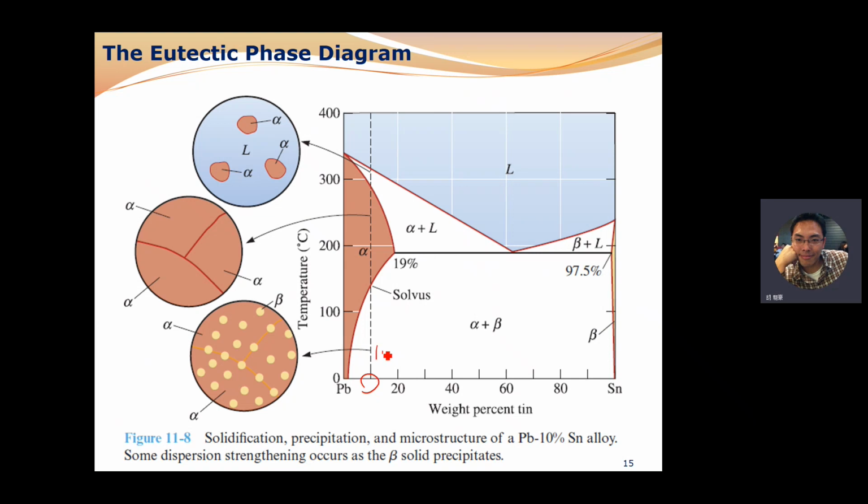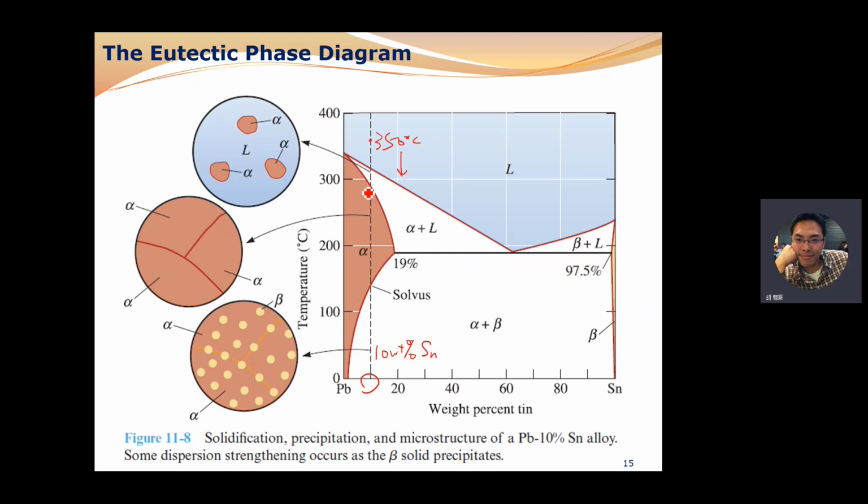This point is about 10 weight% of tin, and I draw a straight line here, and I heat it up to maybe 350 Celsius, and I cool down.